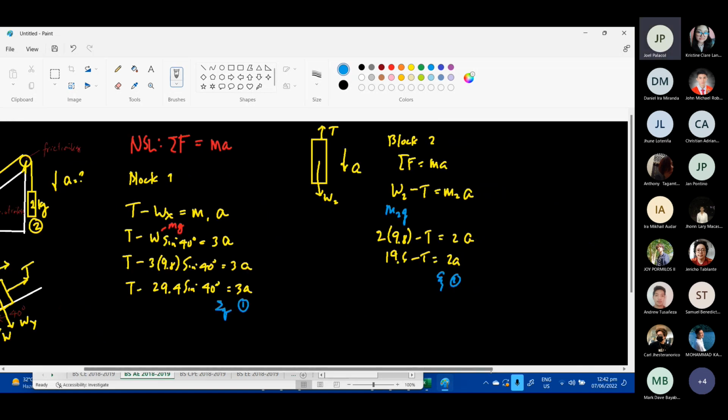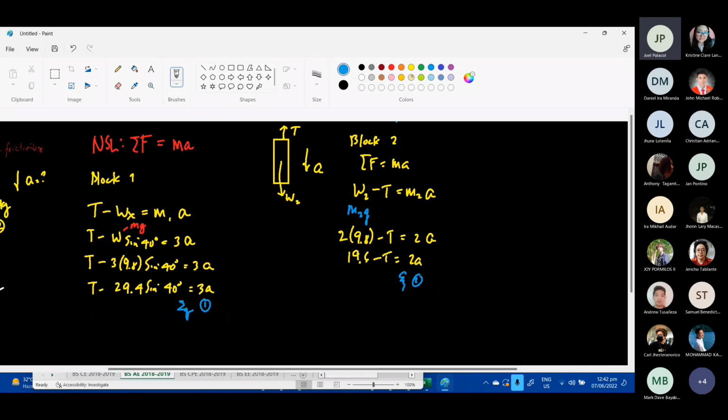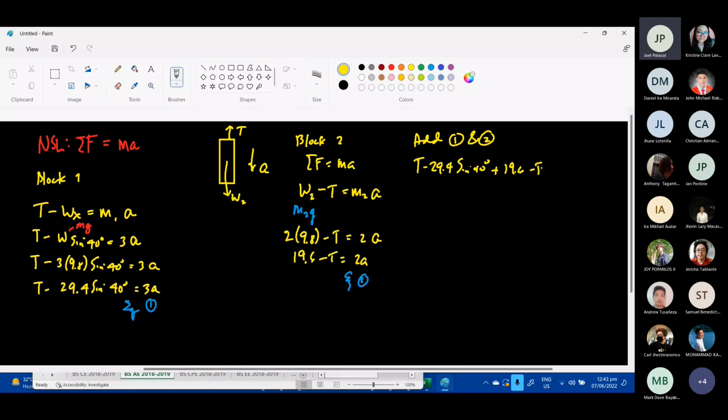As you can see, we can eliminate T by adding equations 1 and 2. So T minus 29.4 sine of 40, plus we add the left side of 2, 19.6 minus T, equals, we add the right sides, 3A and 2A.